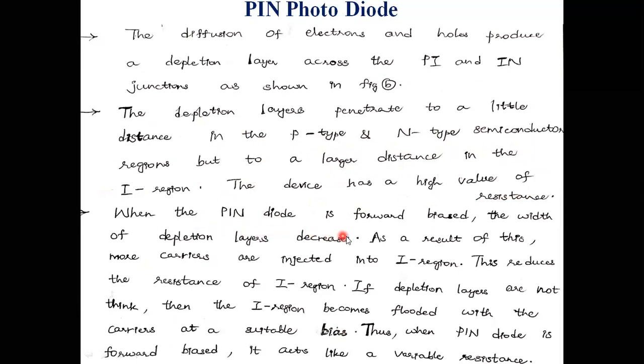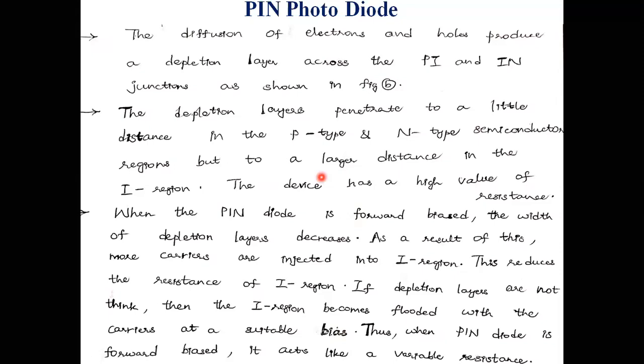When the PIN photodiode is forward biased, the width of the depletion layers decreases. As a result of this, more carriers are injected into the I region. Normally, the region is thick across the P side, whereas thin across the N side.